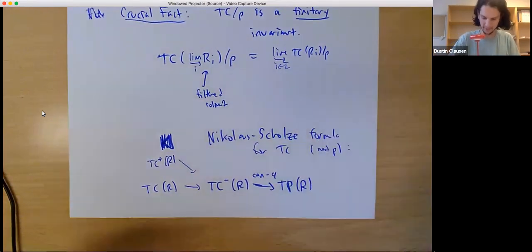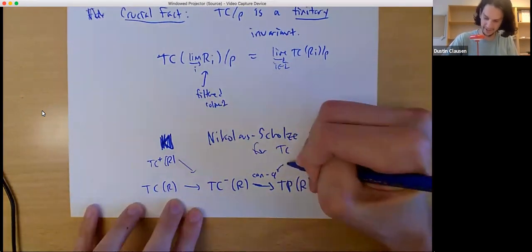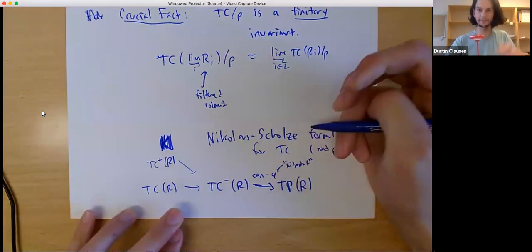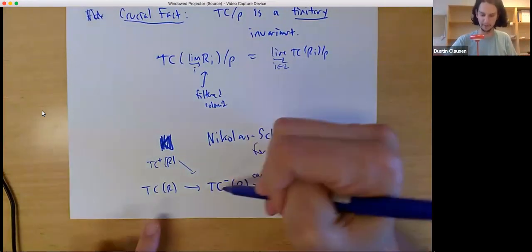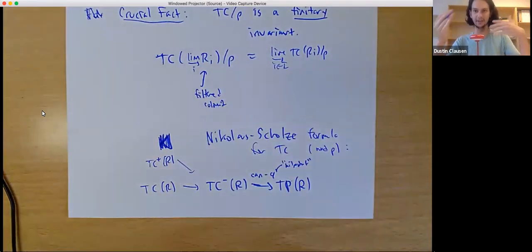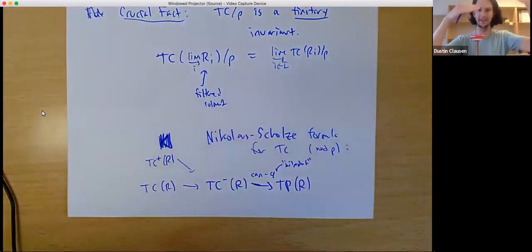And now the point is, when you work with mod P coefficients, this operator, the Frobenius, is basically nilpotent in a certain sense. And so this is just a small perturbation of positive cyclic homology. And the result that you get is that in any range of homotopy degrees, you can always approximate TC by TC plus in a finitary manner.